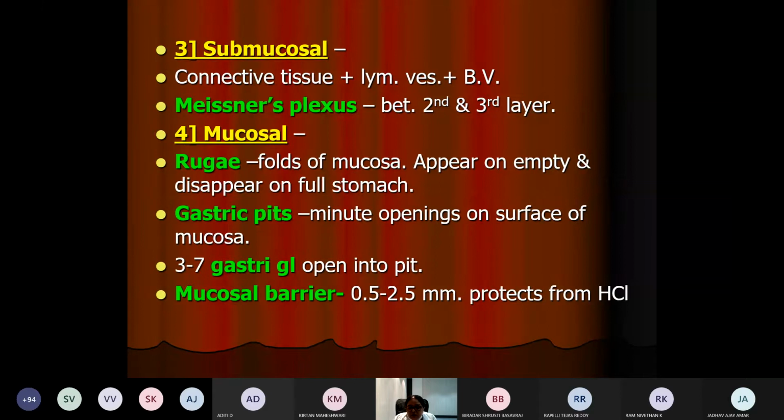Mucosal barrier, 0.5 to 2.5 mm, protects from hydrochloric acid.